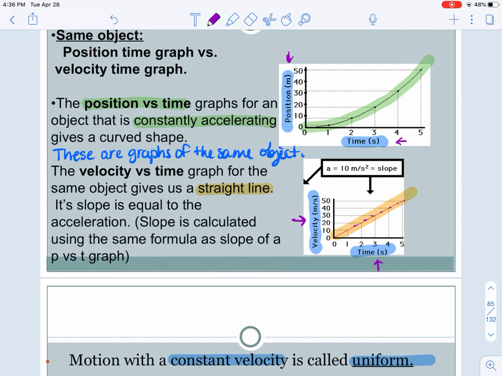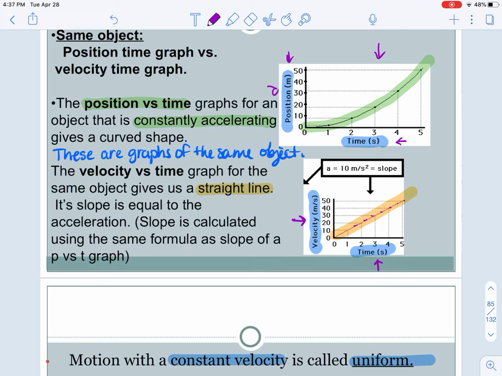This second graph, though, is the same object. It's just showing you now how fast it's going. So this is velocity. It's going faster and faster over time. And if it's velocity-time, going faster and faster, it is a straight line. If it is the position over time and it's speeding up, it'll be a curved line.